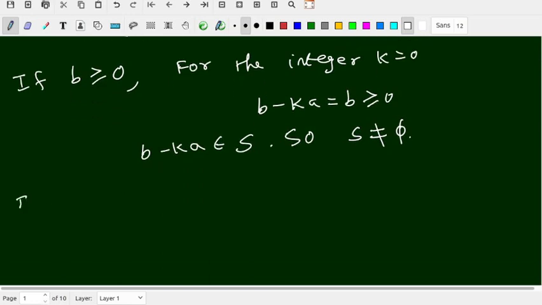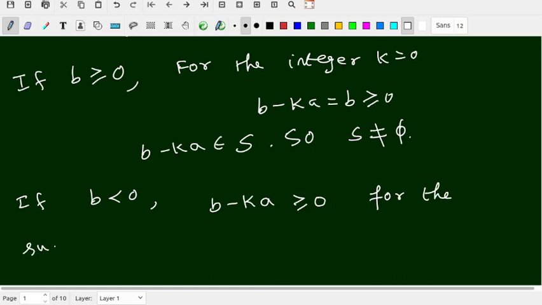If b is negative, suppose b is negative, then b minus ka can be chosen as greater than or equal to 0 for a sufficiently small k.